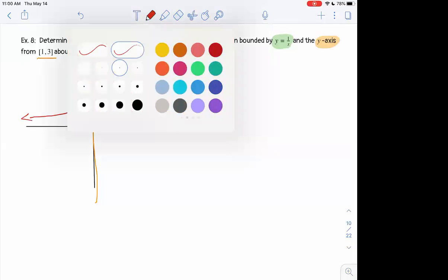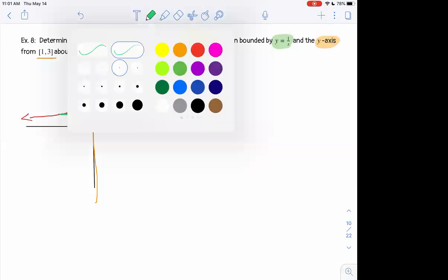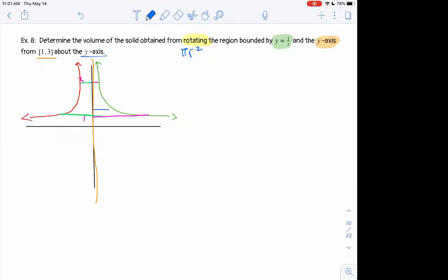Now, if I kind of draw what the radius looks like on the other side, I have sort of that green line and the pink line, and sort of like this green line and that pink line, okay? And it makes sense for us to draw our blue lines going up the y-axis or perpendicular to the y-axis, okay?